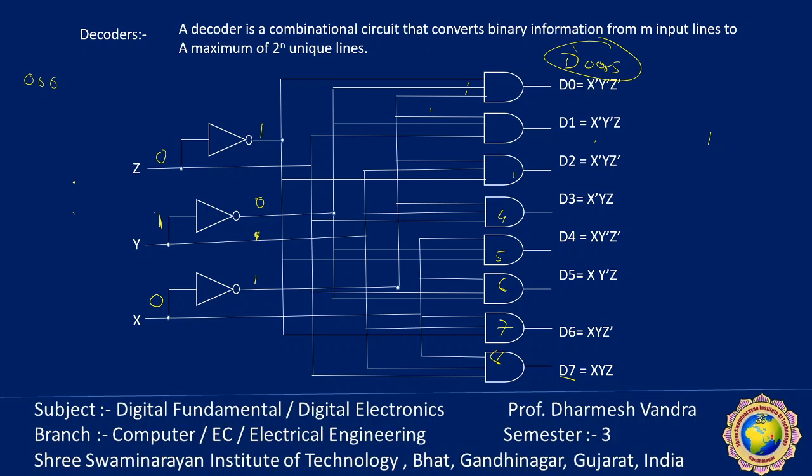If my input card is 011, which according to the weights 4 2 1 is equal to 3 in decimal, then only the third door will open. This will become on.